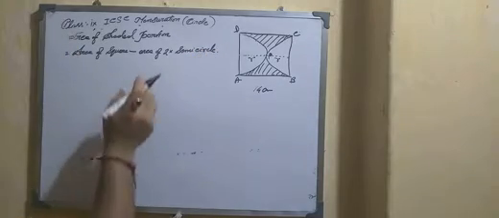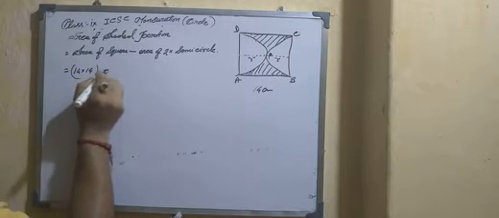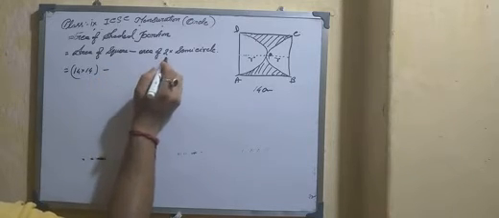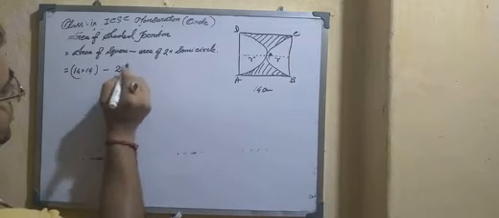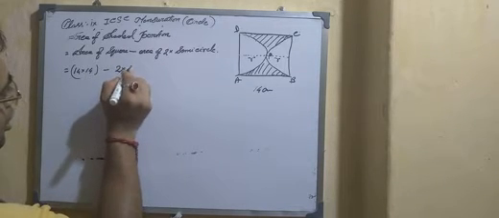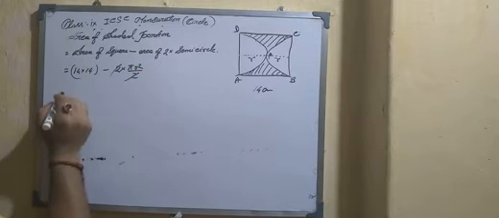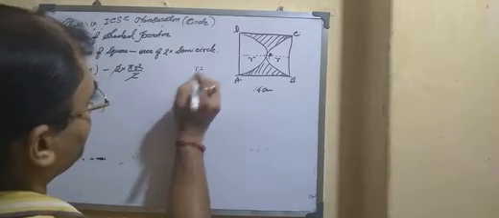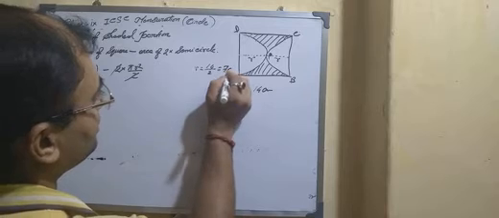Okay, area of square means 14 into 14 minus area of 2 into semicircle means 2 into area of semicircle, where the formula is pi r square by 2. Here r equal to 14 by 2 equal to 7 centimeter.